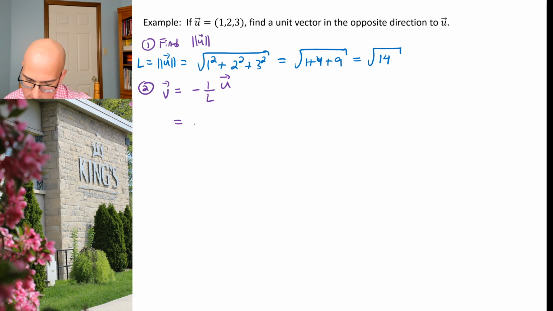So minus 1 over the square root of 14 times 1, 2, 3, which is minus 1 over the square root of 14, comma, minus 2 over the square root of 14, comma, minus 3 over the square root of 14. That'll be our answer.